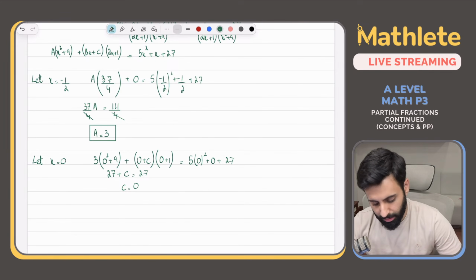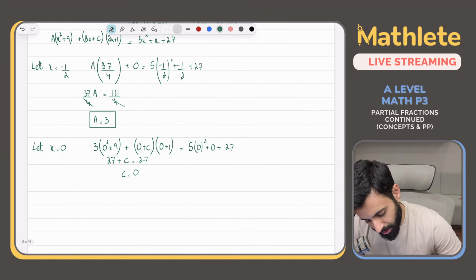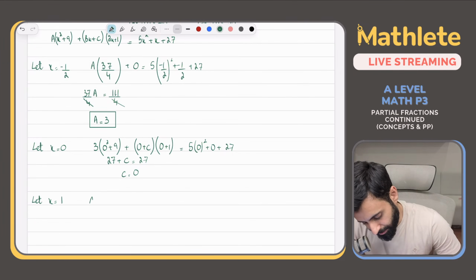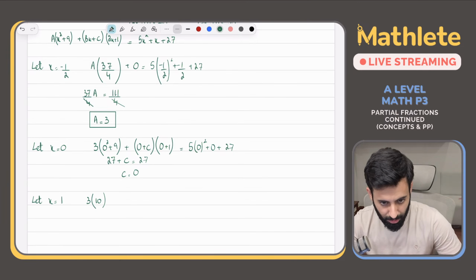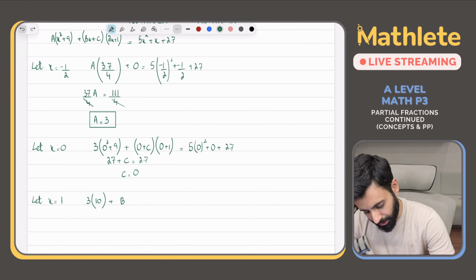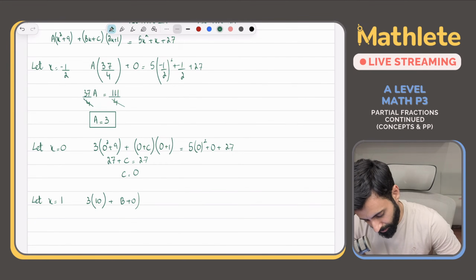Now that you have the value of A and the value of C, substitute any other value of x, any other than the ones that you've already substituted. Let's say x equals 1. And find out the value of B. So the value of A we have already found, so let's replace that. 3 times 1 squared plus 9, so that's going to be equal to 10. Plus B, C is equal to 0, so that means B plus 0.